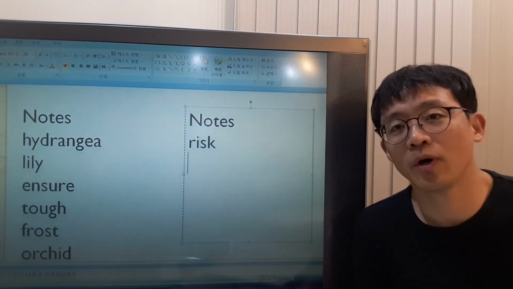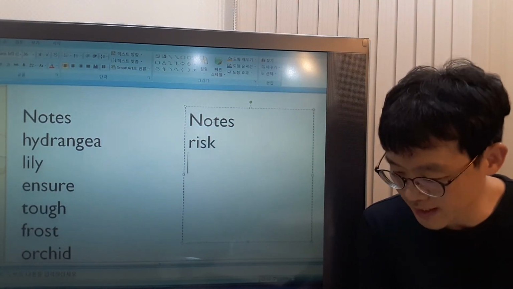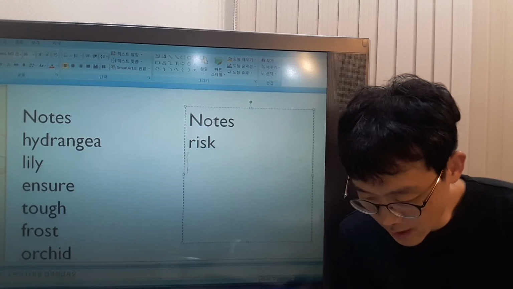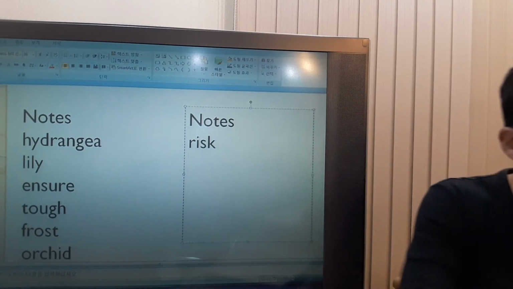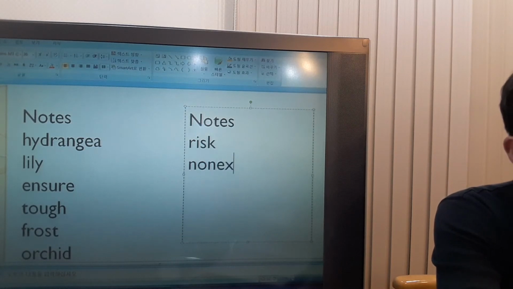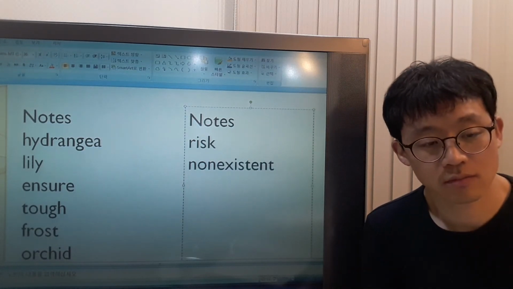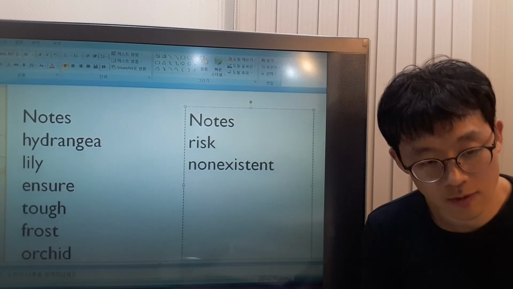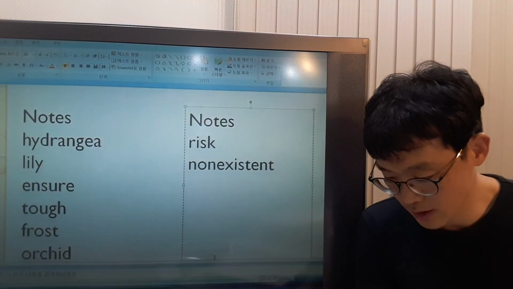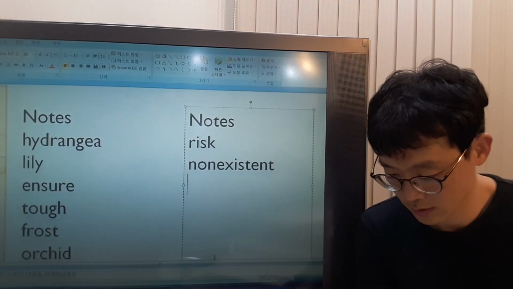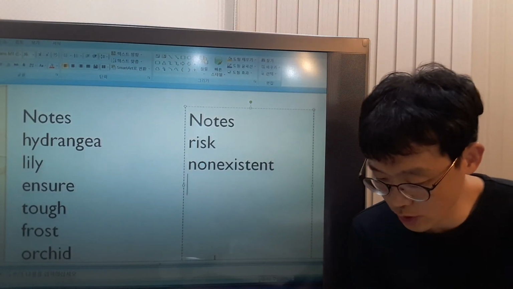Risk means the possibility of an unpleasant thing happening. The risk of damage from cold weather is non-existent. What does that mean? Non-existent means it doesn't exist. What does exist mean? Exist means it is there. Okay? In the real world.